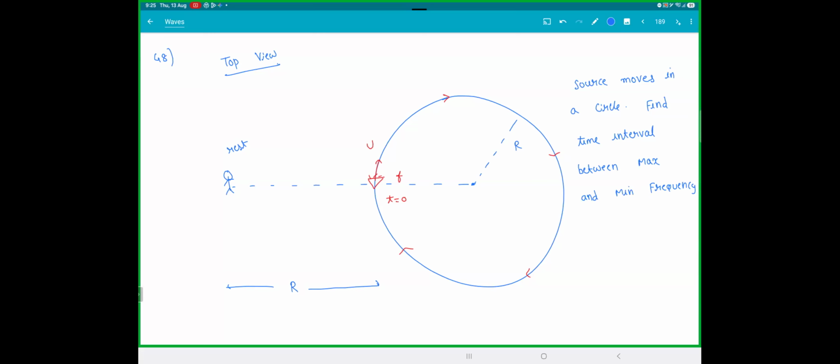I can even ask you, find the time interval between minimum and maximum frequency. Both are not the same. This also roughly, approximately, we can try to put a graph. It looks weird, but let's get this thing. So in this question, the time interval between maximum to minimum and minimum to maximum is not the same.